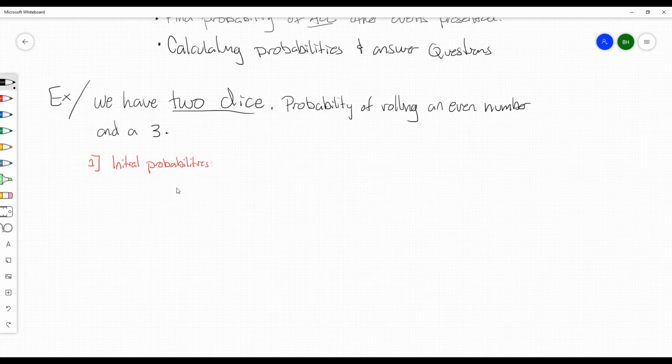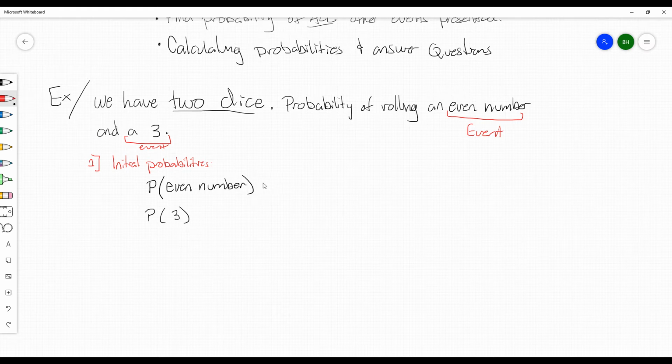So let's look at some events. The probability of an even number. An even number in this problem is considered some sort of event. Same thing, rolling a 3 is also another event. So we want to find the probability of an even number and the probability of rolling a 3.